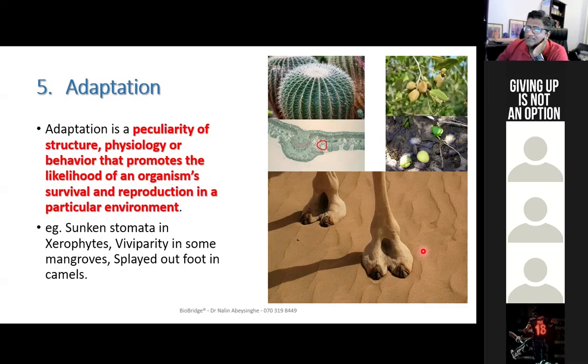So the tires will be much flatter during the safari. That is done to increase the area which is in contact with the sand. Okay.